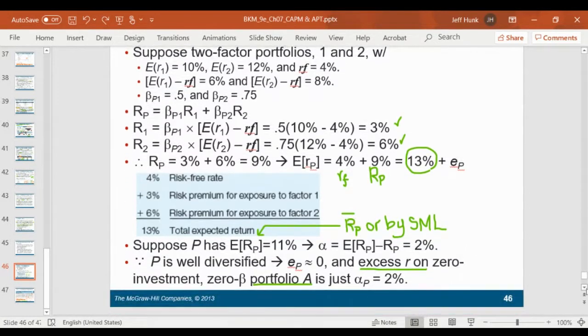So now let's take a look at the rest of it. Suppose portfolio P has an expected return of 11%, an expected risk premium of 11%. Now you might ask, what is this? I mean, wasn't the risk premium on the portfolio 9%?